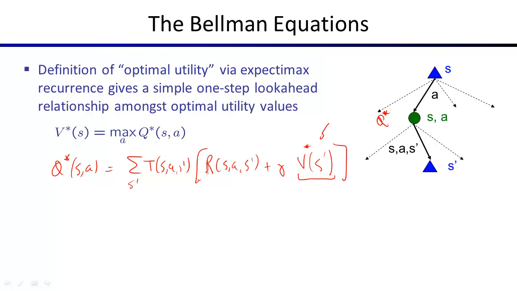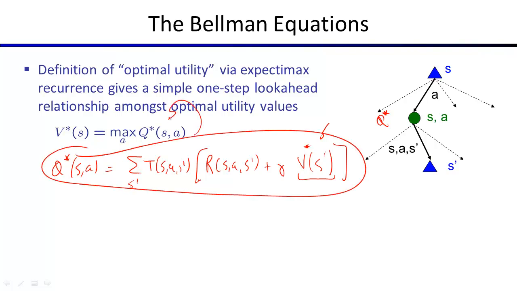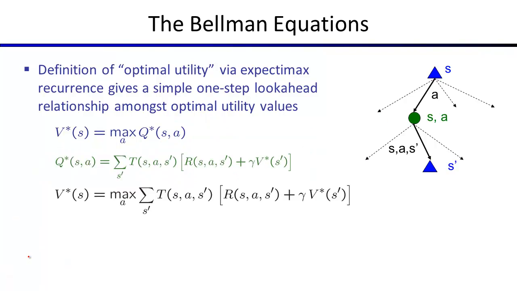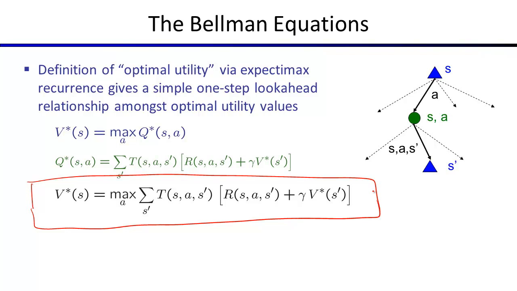You can also write it out at once, substituting this thing in here. And a lot of people write it that way, and when you write it that way, it's often called the Bellman equation. So let's look at it in printed form. This here is the Bellman equation. Now let's make sure we fully understand what's going on here.